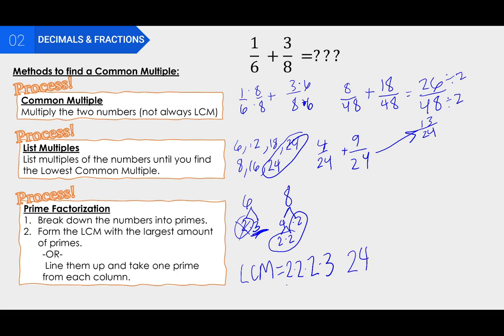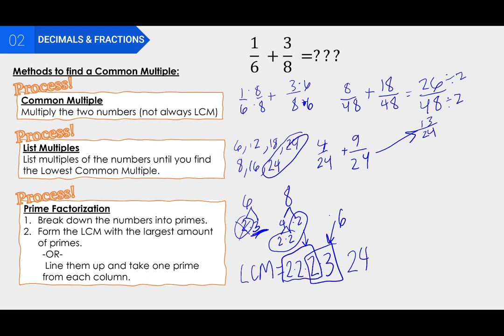Pretty cool. Here's why. Notice that we have the prime factorization of 8 there, and we have the prime factorization of 6 there. So both of them have to be present in order to make a common multiple, but it's the lowest because we didn't have that extra 2 there from the 6. And there we go. We're going to need bigger numbers after that. Just have the 8 and the 6.